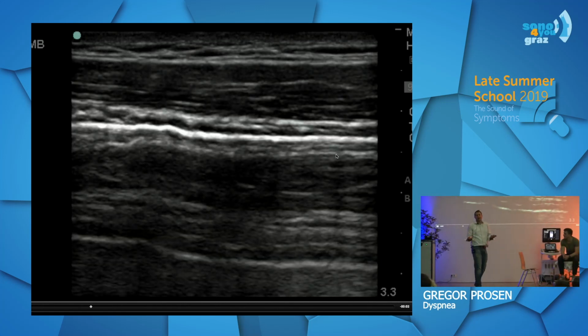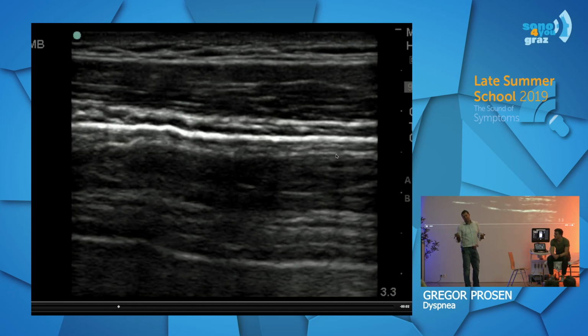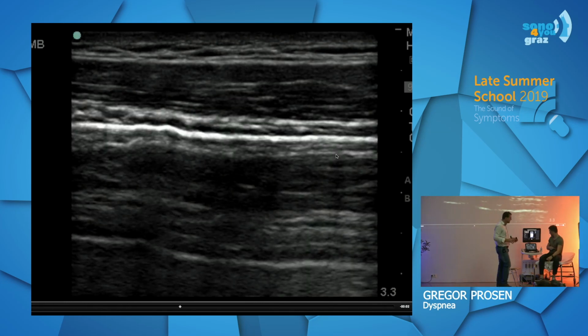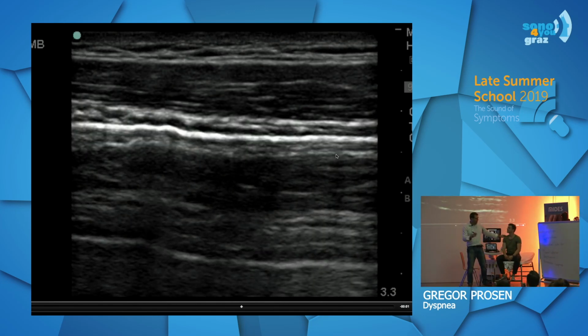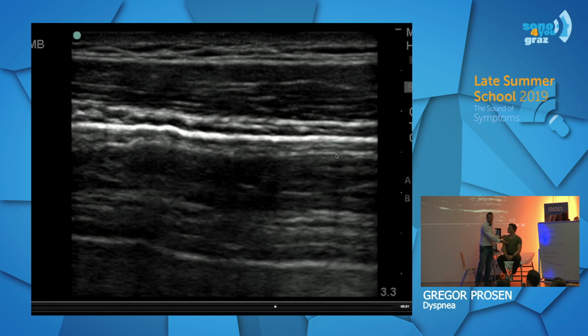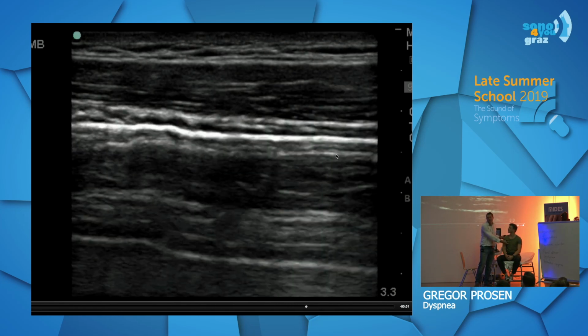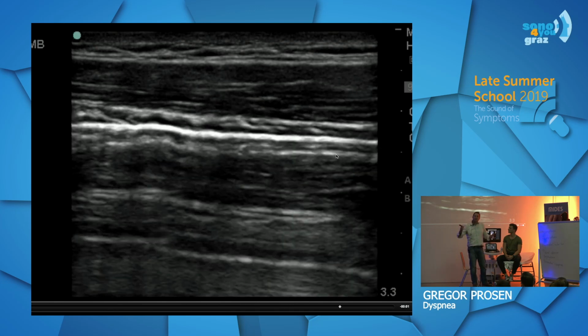So what's the most likely diagnosis? Spontaneous pneumothorax. It doesn't take a scientist. I'm not a scientist, so even I could figure that out. But you know what? I put the probe here, and I saw lung sliding. And I thought, he doesn't have pneumothorax.